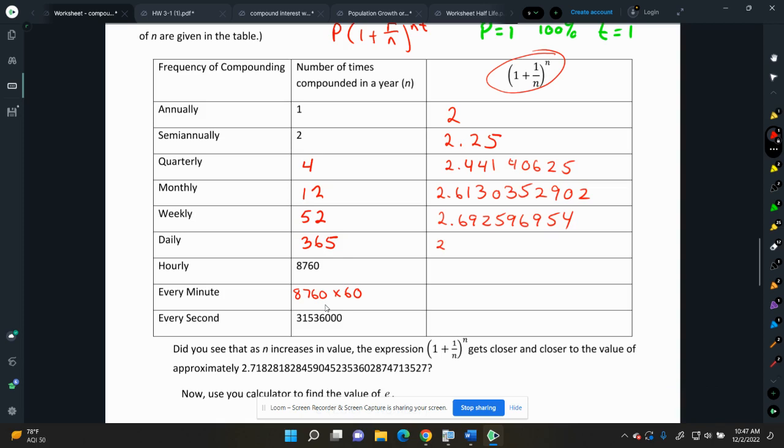Is it a graphing calculator or? Okay. Not sure why your calculator's saying error. We'll have to look at that for you. 2.714567482.